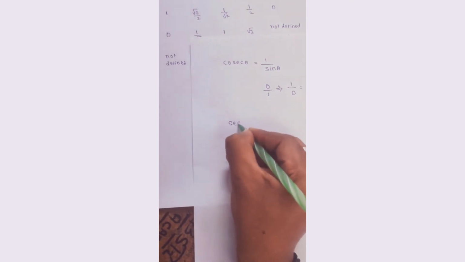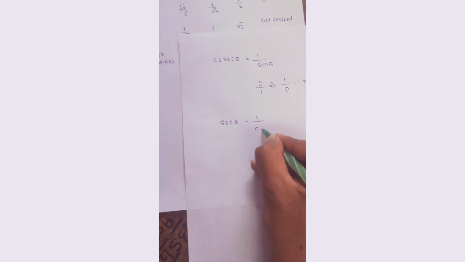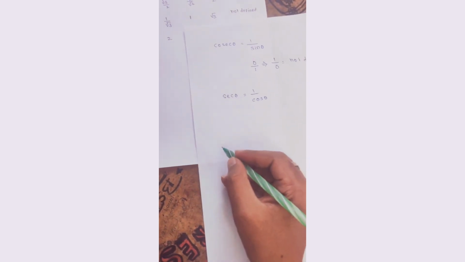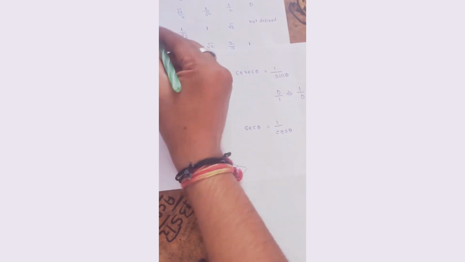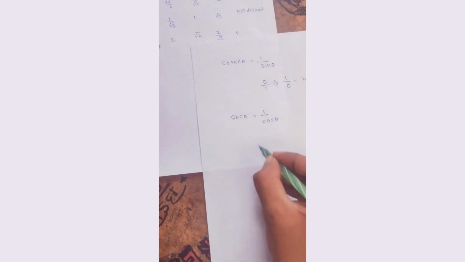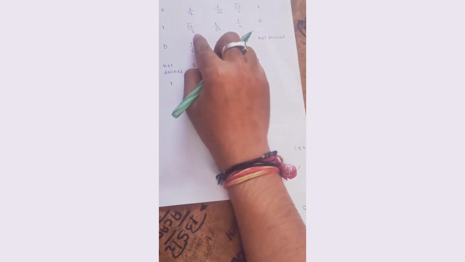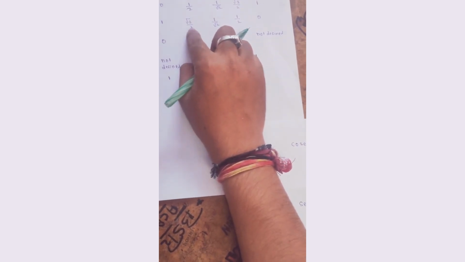Secant theta is nothing but the reciprocal or reverse of cos theta, so 1 by cos theta. See here, cos theta value is 1, but with nothing in the denominator, we take 1 by 1. The reciprocal of 1 by 1 will be 1 only, right? So you are getting 1 here. Similarly, I am reciprocating the cos theta here.